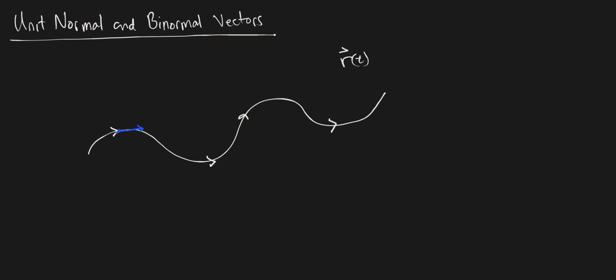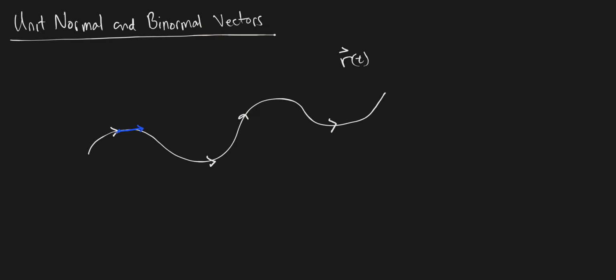So you divide by its magnitude. The unit tangent vector is defined as r prime of t divided by the magnitude of r prime of t. And of course, this assumes that we're not dividing by 0, so the derivative vector can't be the 0 vector.